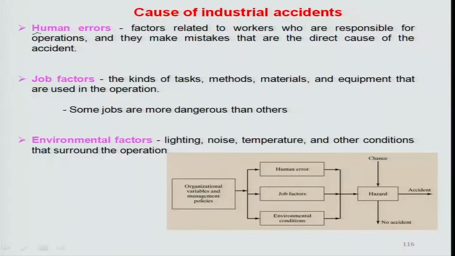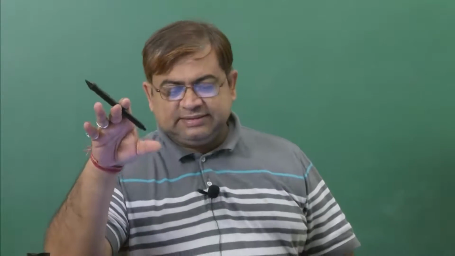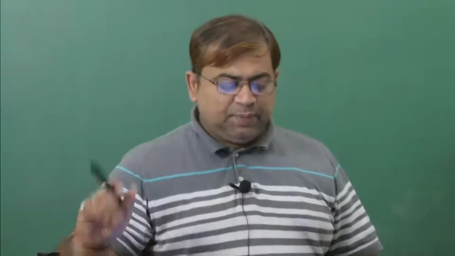One is human errors. Then there can be something related to job factors. Some jobs are more dangerous than others, and any factor associated with such a job, including the method of doing the job, materials involved, or equipment involved, are individually causes of non-compliances where there would be safety issues propping up.